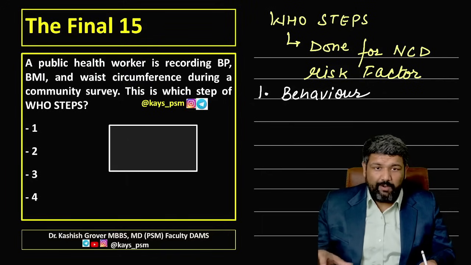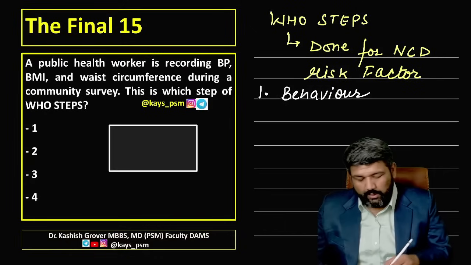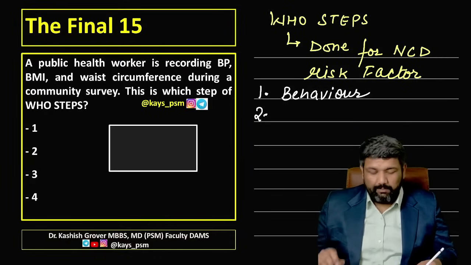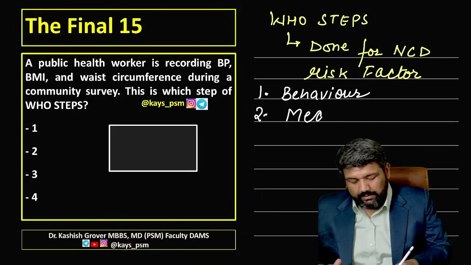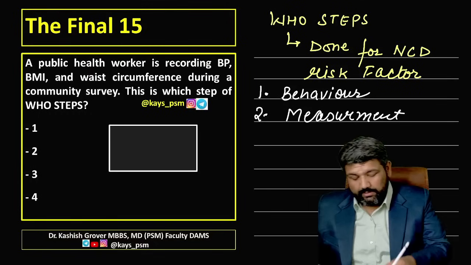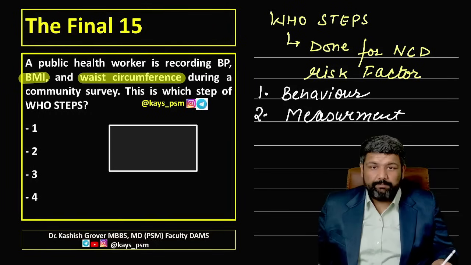If anyone is found to have any risk factor on step 1, we take that person to step 2 and we ask the person for the physical measurements, like the one which is being done here, BMI, waist circumference, right?